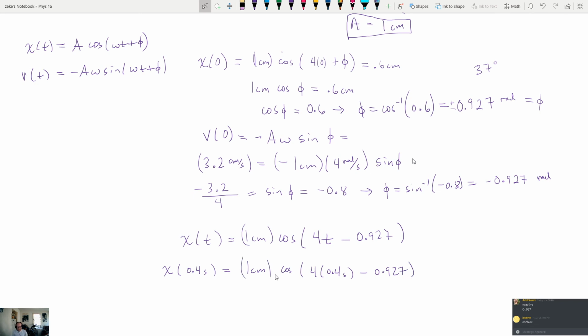So again, still needs to be in radians. So we do cosine of 4 times 0.4 minus 0.927. And what I get is 0.782.